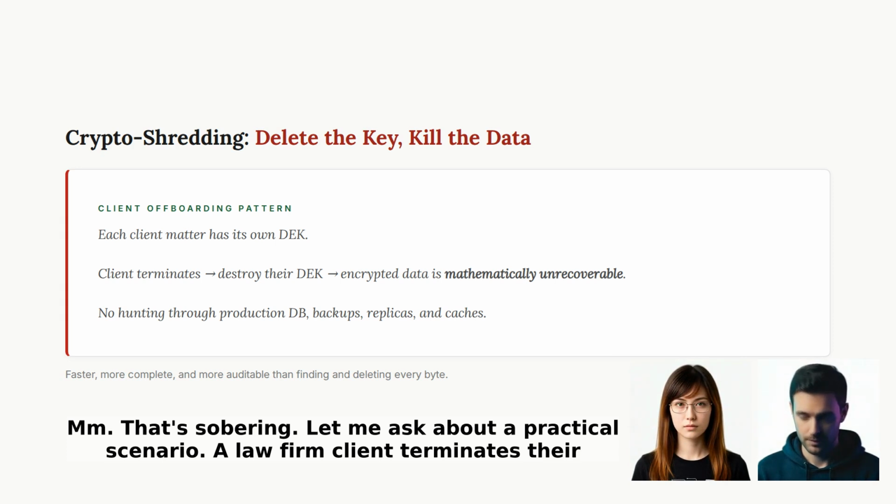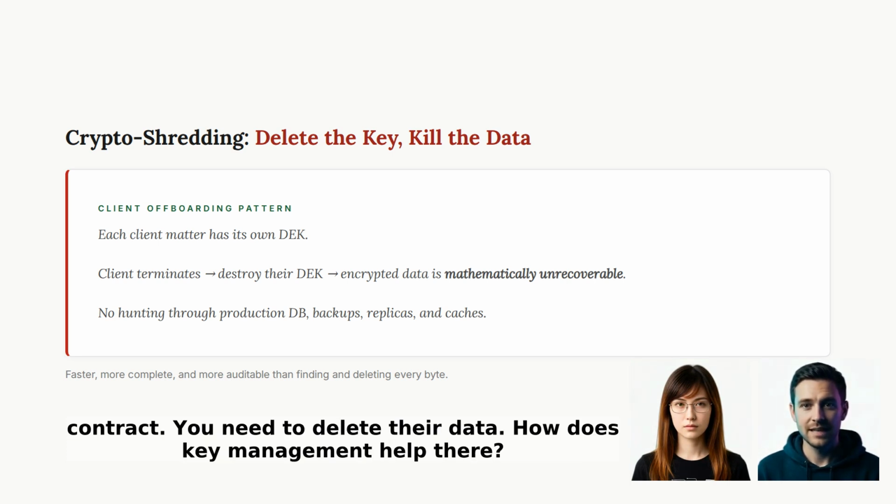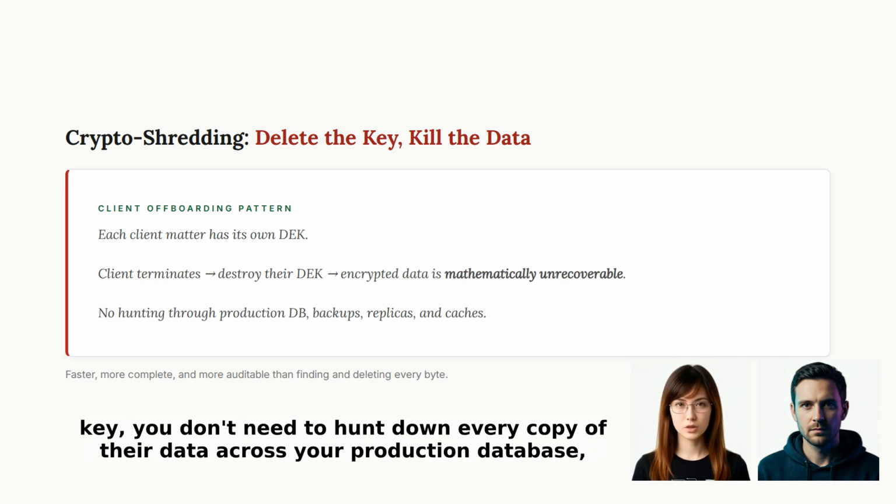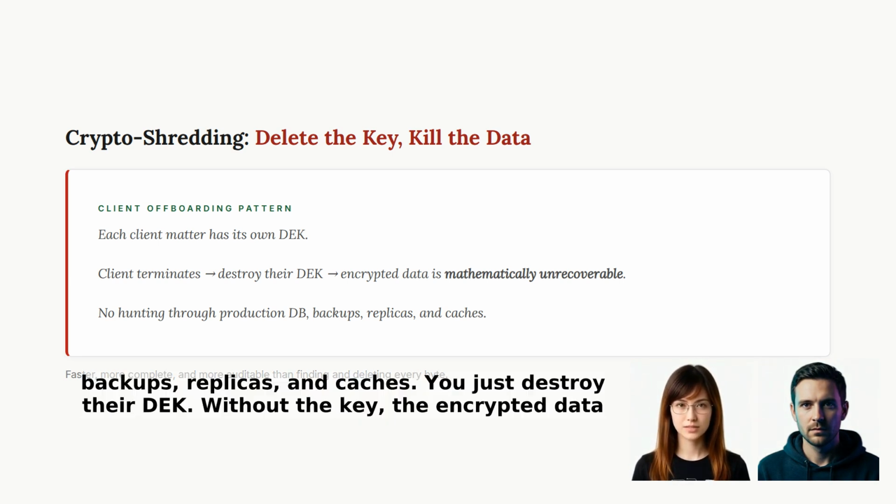That's sobering. Let me ask about a practical scenario. A law firm client terminates their contract. You need to delete their data. How does key management help there? Great question. It's called crypto shredding. If each client matter has its own data encryption key, you don't need to hunt down every copy of their data across your production database, backups, replicas, and caches.